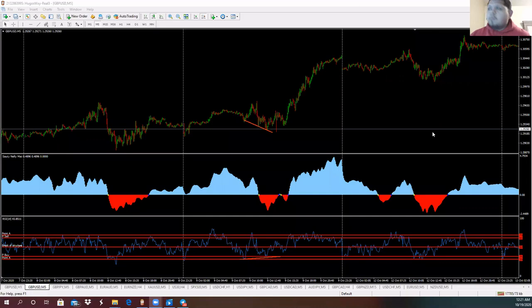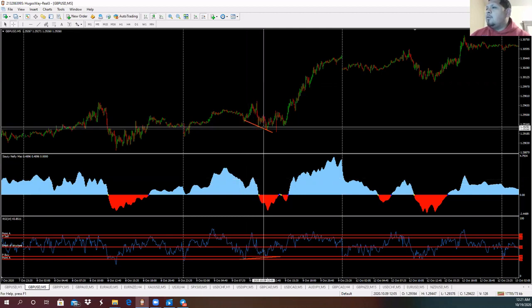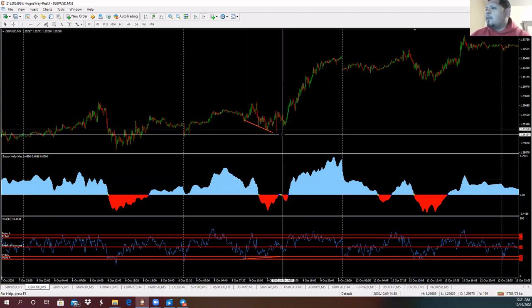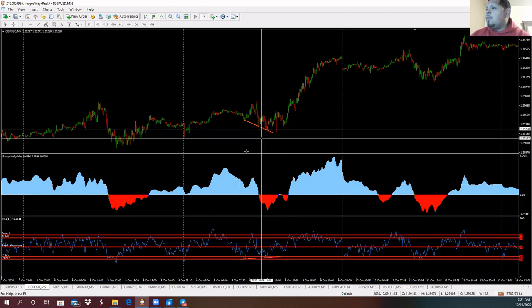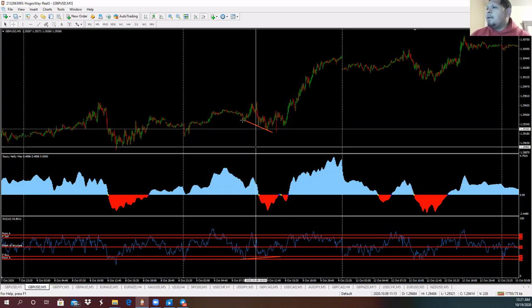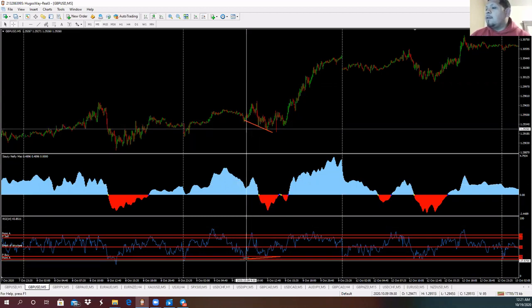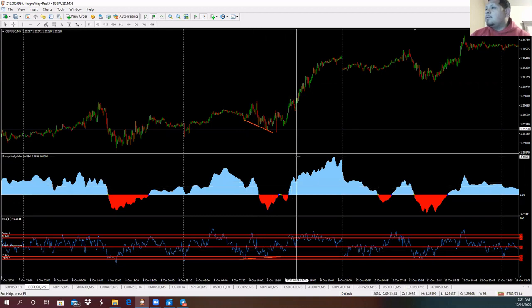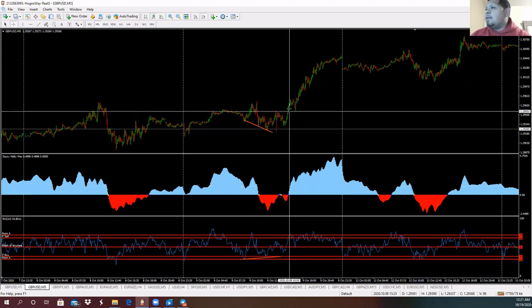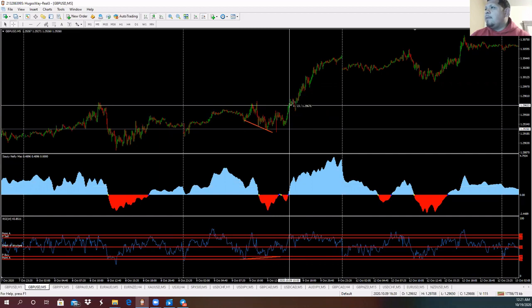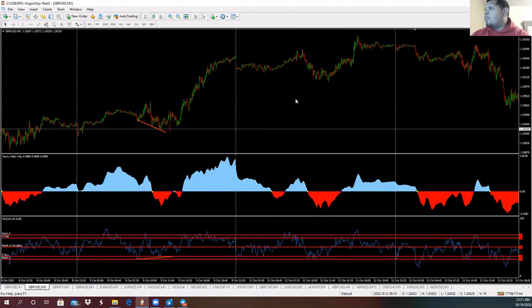Okay, so for a bullish setup, as we can see, we have a low and a lower low on price, and on the RSI, we have a low and a higher low. So my saucy Nelly Mac indicated for a buy. Get my 15 to 20 pip take profit right there.